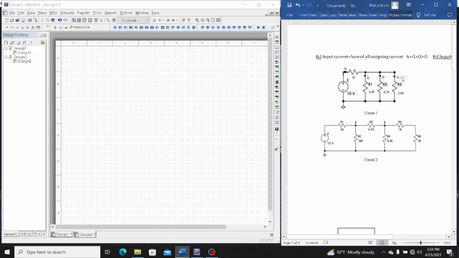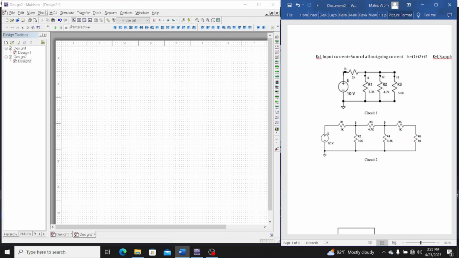Then we will add I1, I2, I3, and if the summation of I1, I2 and I3 is equal to Is, then it shows that incoming current is equal to outgoing current.